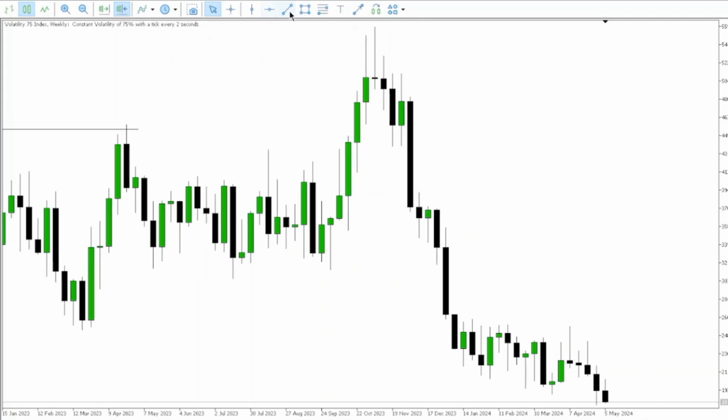But currently, although we are sort of consolidating, price overall was generally going in a downtrend, because it was creating lower lows but not necessarily creating higher highs, leaving some highs untouched.